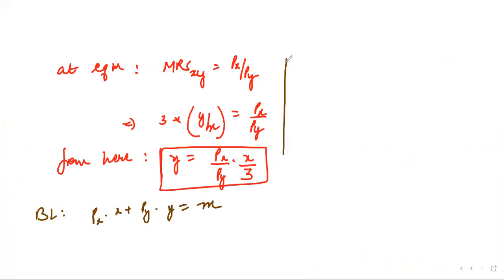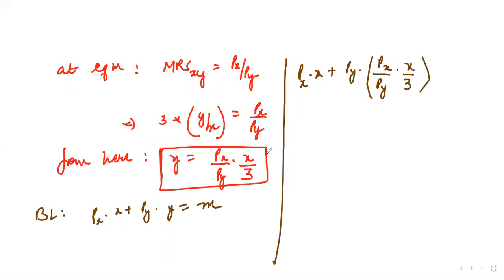So I get px into x plus py into px by py into x by 3, I'm just substituting y here, is equal to m.